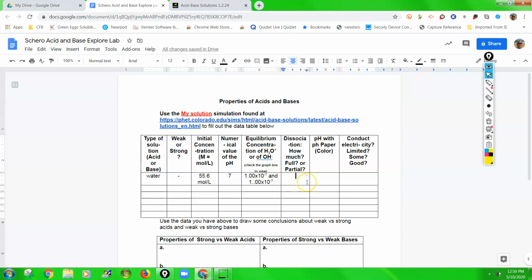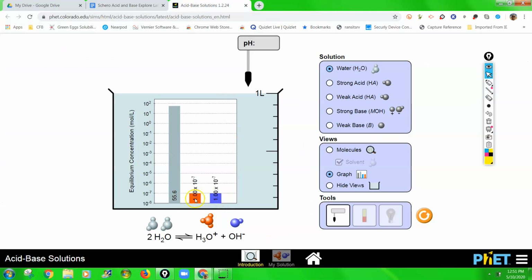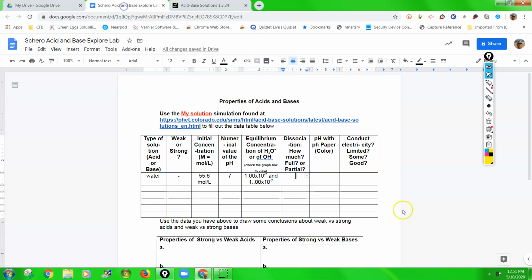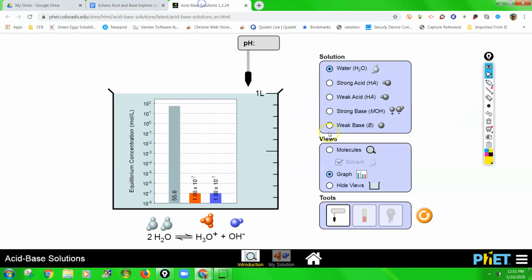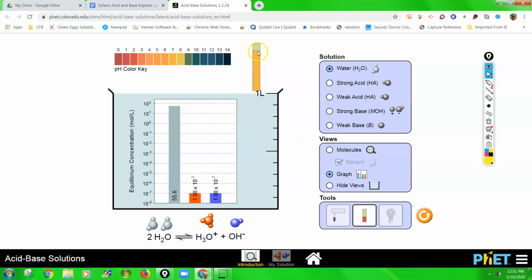How much dissociation? Because there is so little dissociated, let's go back and look at the picture. So little dissociated, we would call that partial dissociation. And pH color of the pH paper, let's go back and look at that again. Let's get our pH paper.